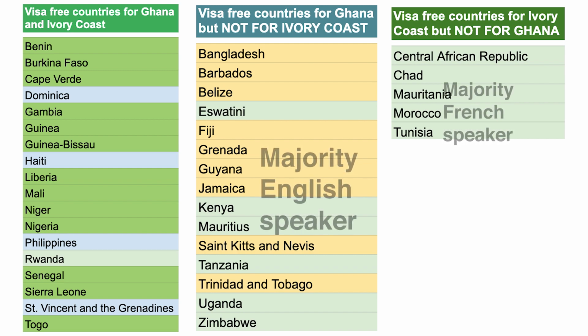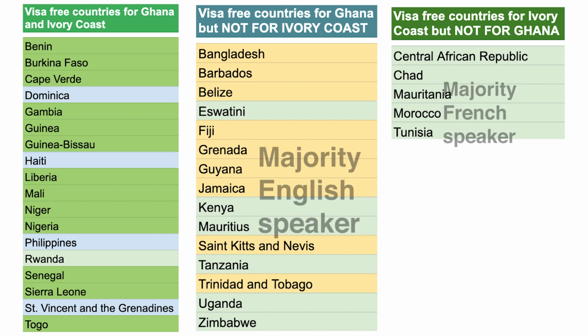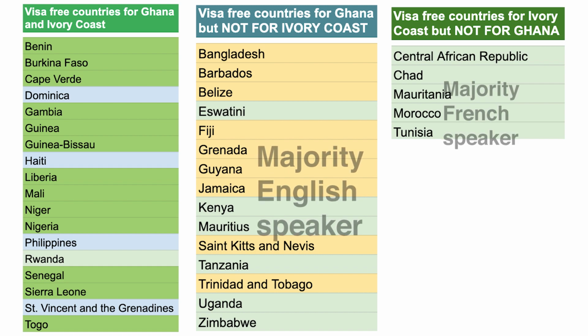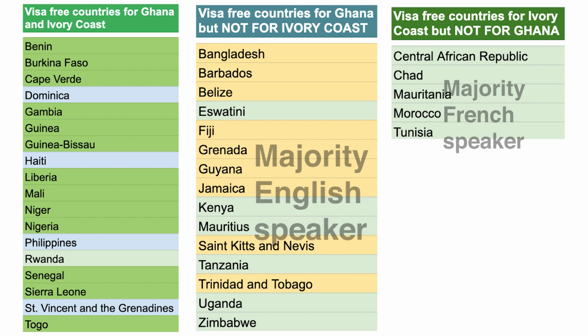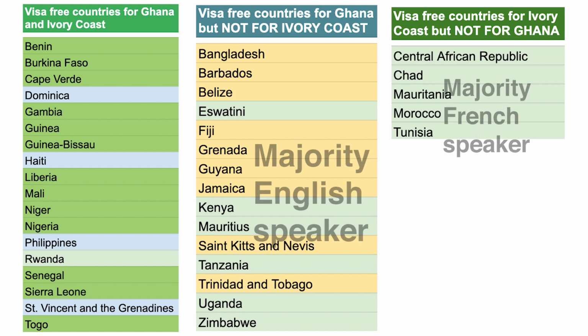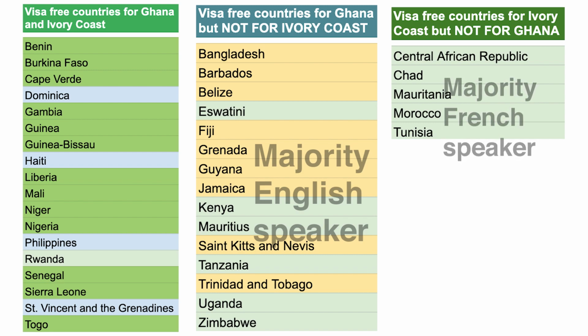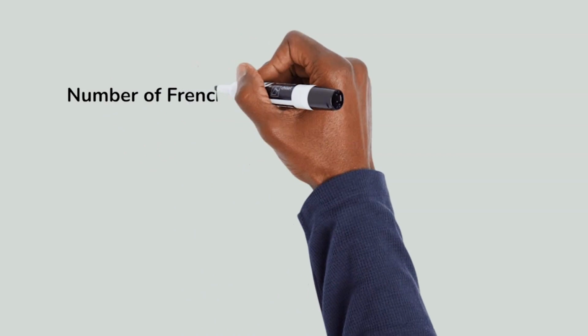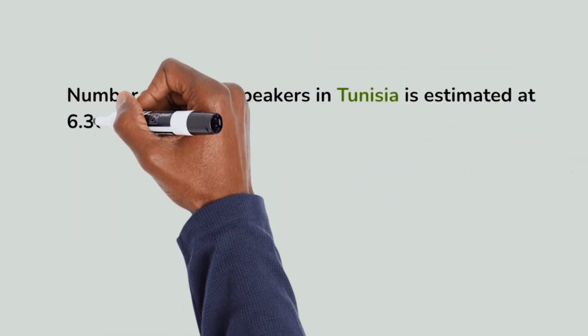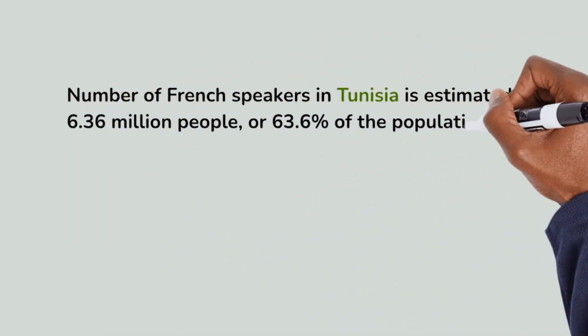And then for Cote d'Ivoire as well, the countries that you can visit from Cote d'Ivoire, and that Ghana needs a visa to visit, but Cote d'Ivoire doesn't need a visa to visit, you can see a lot of French heritage, a French legacy that is there as well. And yes, the likes of Tunisia and Morocco, they have a lot of French speakers.